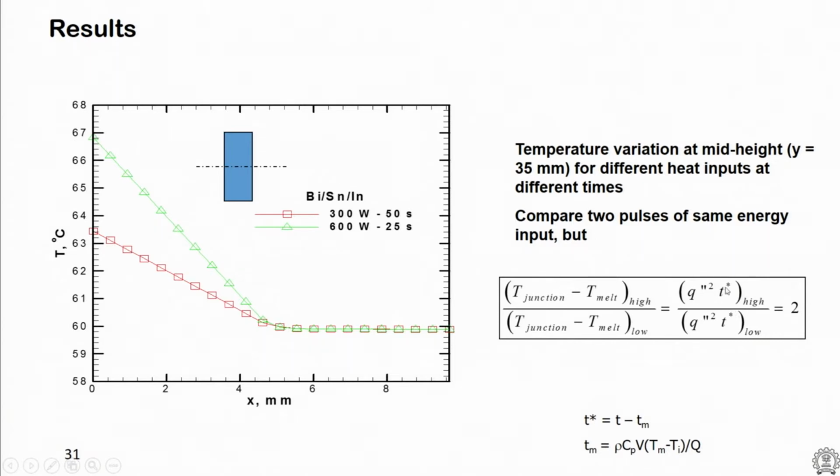The ratio of heat flux squared times the time to heat flux squared times the time is equal to 2, that is the temperature rise, and this is the scaling that one gets for dealing with pulses. So, higher heat flux always gives you higher temperatures, even though the total thermal energy input into the domain is the same.